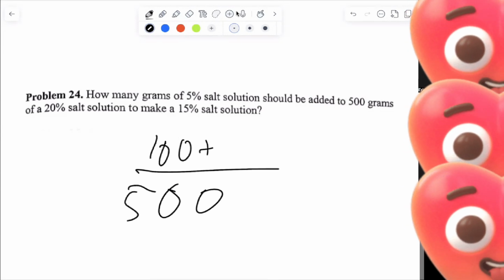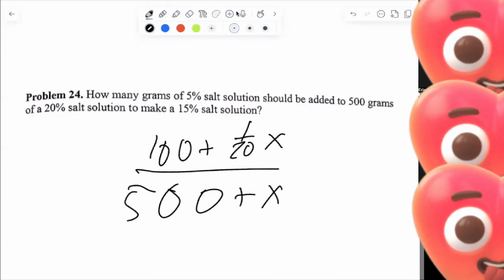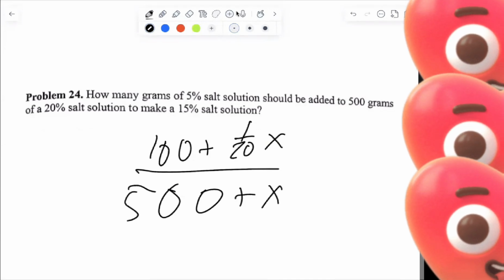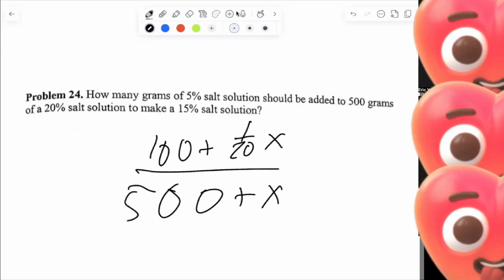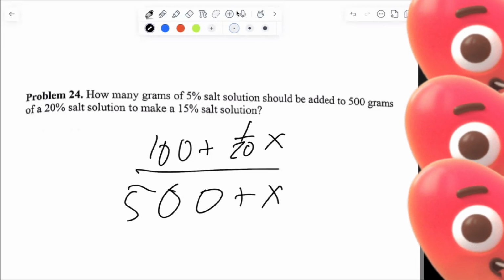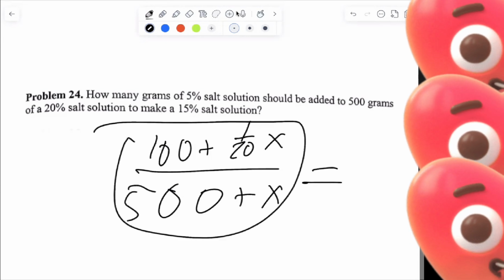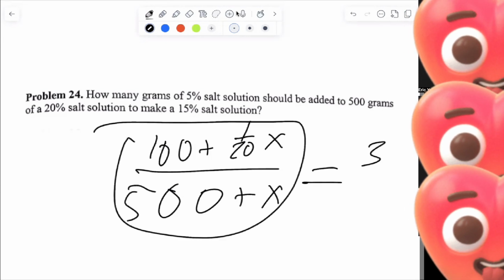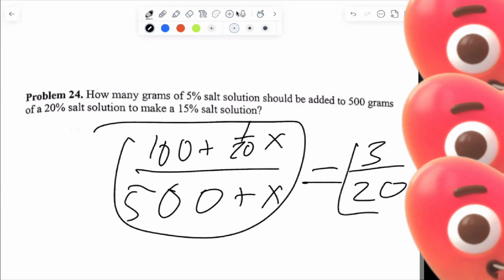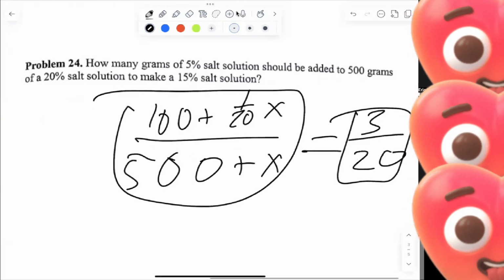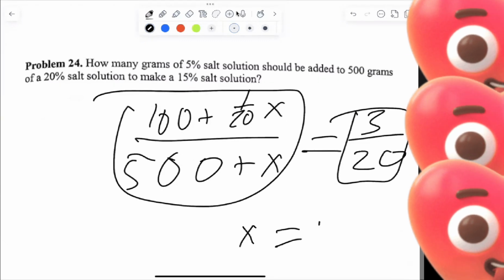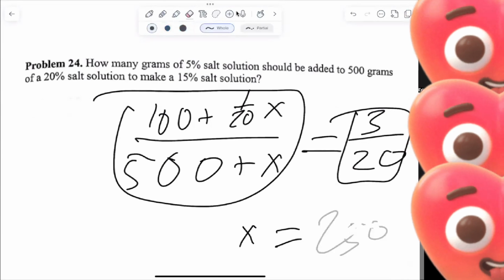Plus, this time we have to add 1/20th of x, plus x, because every time we add x liters of solution, 1/20th of it is salt. So we just add that. This fraction should be equal to 15 out of 100, or 3 out of 20. Solving will give you x equal to 250. So that's our answer.